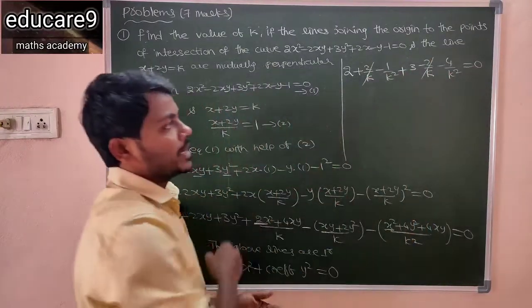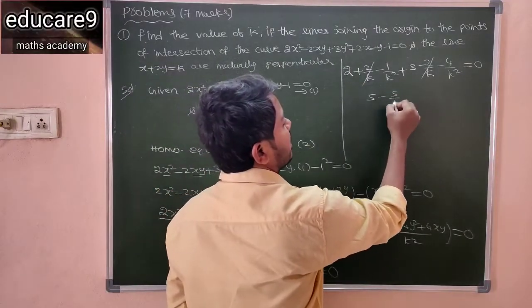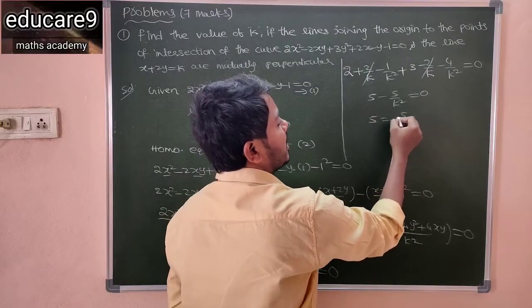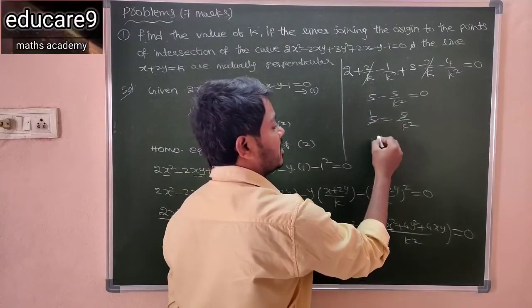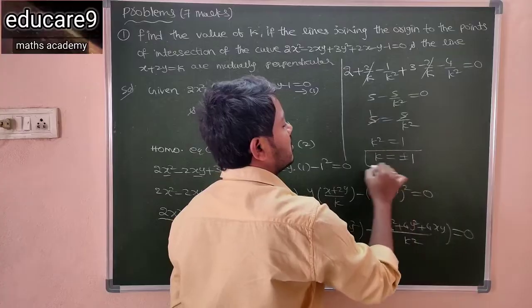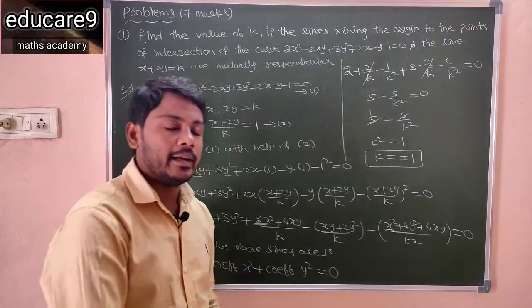Minus 2/k plus 2/k get cancelled. So 2 + 3 is 5, minus 5/k² is equal to 0. So 5 = 5/k², so clearly k² is equal to 1. k is equal to plus or minus 1. So this is the value of k if the lines are perpendicular.